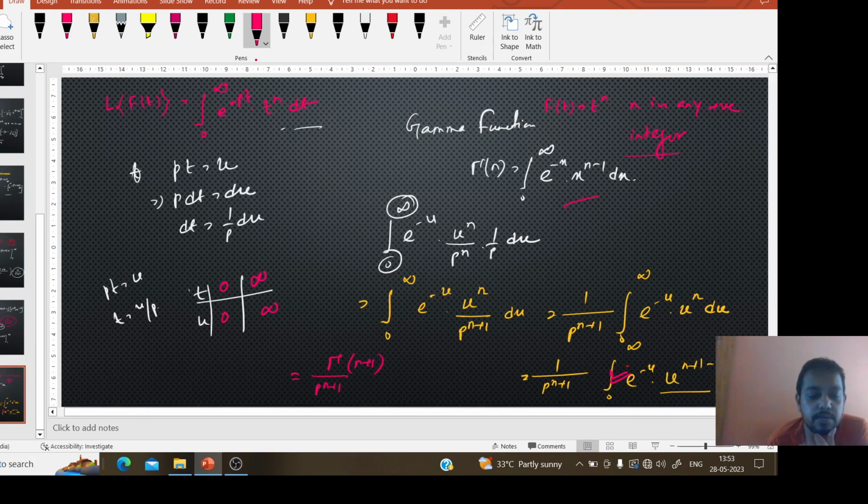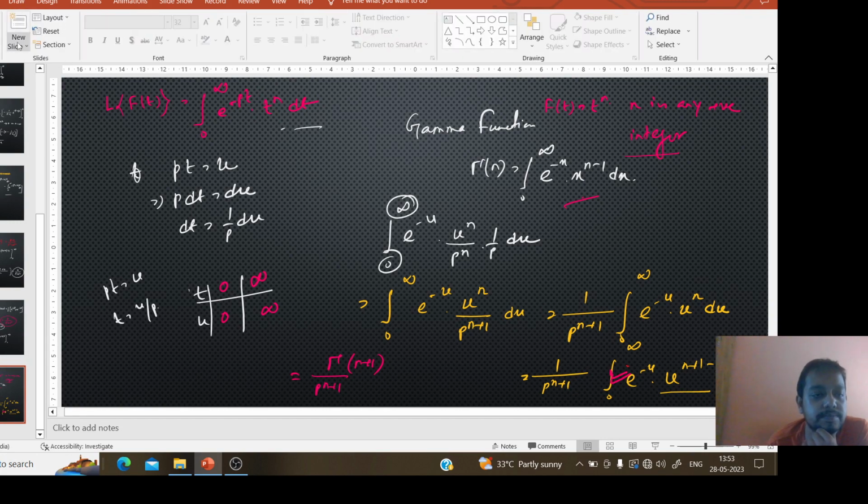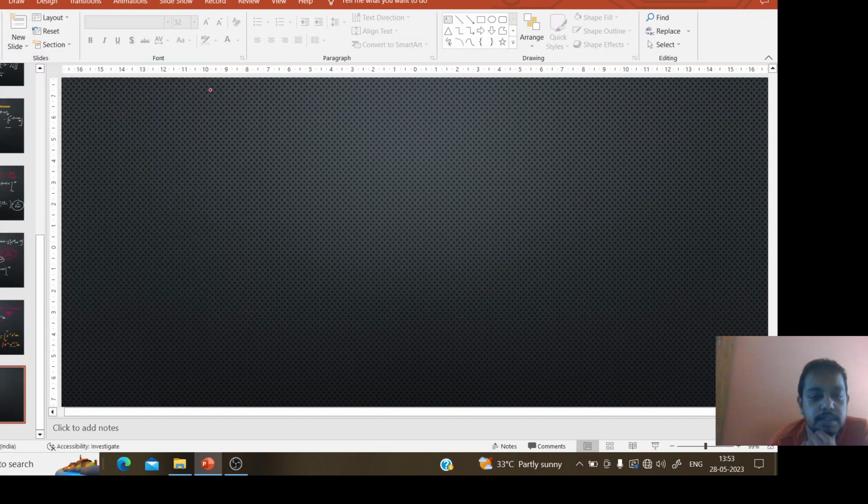That means we can say now that if f of t is equal to t to the power n, where n is any positive integer, then the Laplace transform of f of t is gamma n plus 1 by p to the power n plus 1.